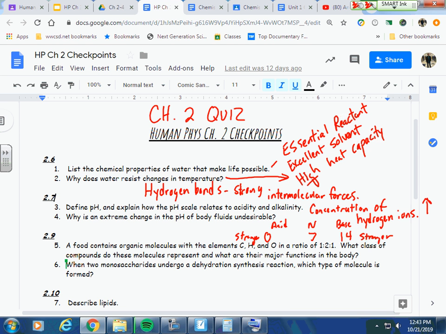Extreme changes in pH in the body can be dangerous, of course. We don't want bonds broken. We don't want complex molecules to be messed with, because that can change their shape so that they can no longer function properly.